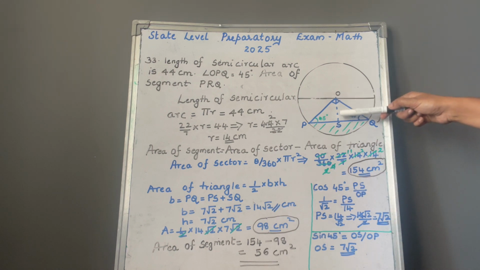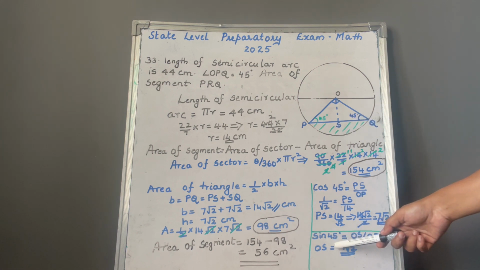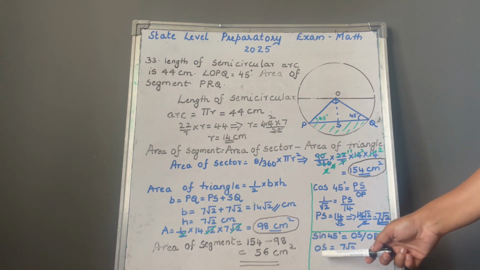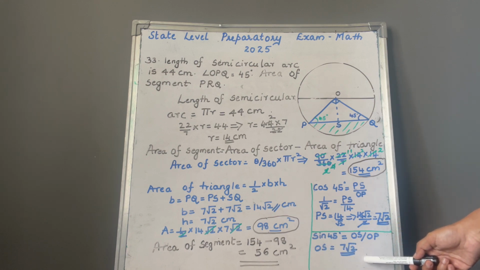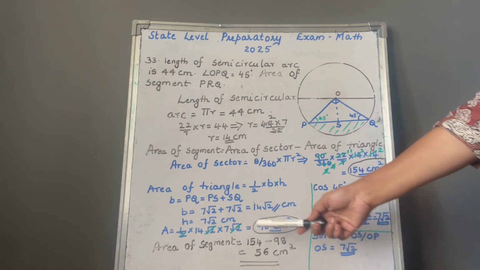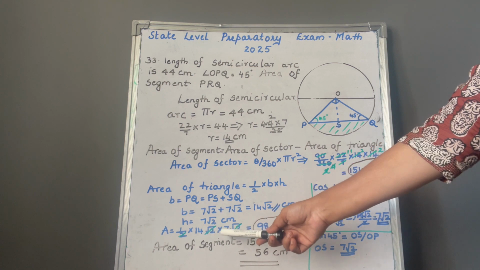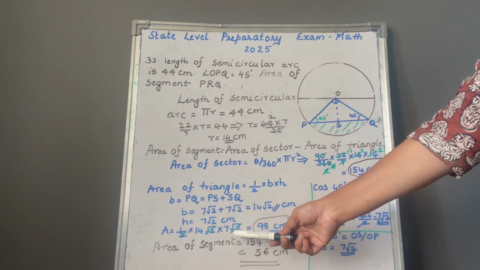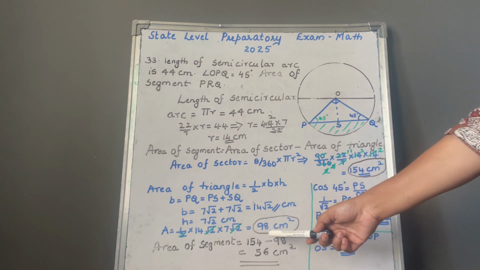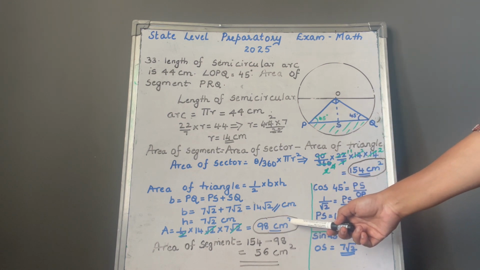Similarly, to find OS, we can take sin 45, which is equal to OS by OP. OS is equal to 7 root 2 centimeters. So on substituting base and height in the area formula half into B into H, we get the area of the triangle equal to 98 centimeter square.